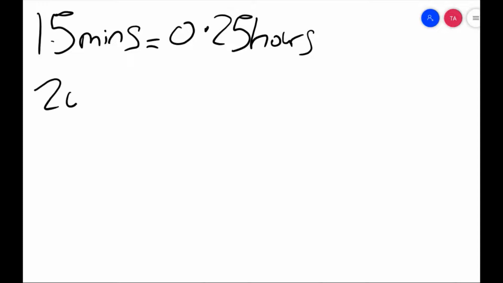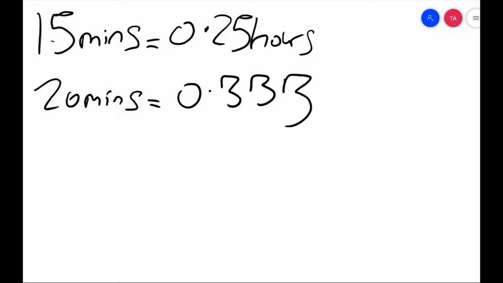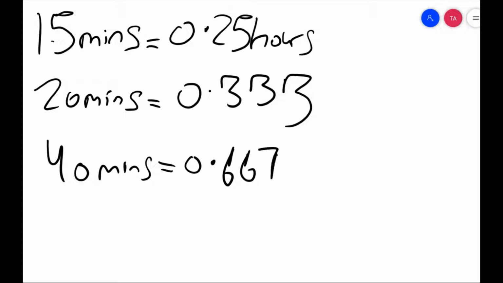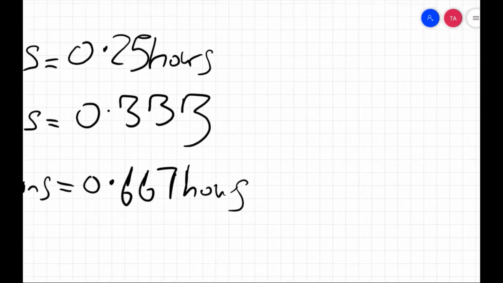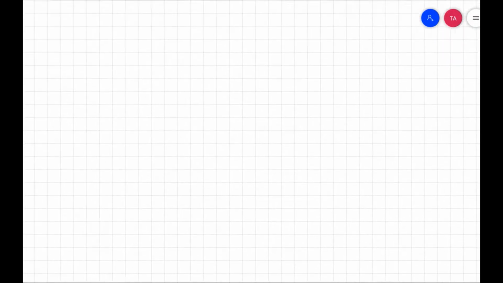So then 20 minutes is equal to 0.333 hours, and 40 minutes is equal to 0.667 hours. These are the minutes that mostly come up, so I've got them down. So make sure you learn these well.